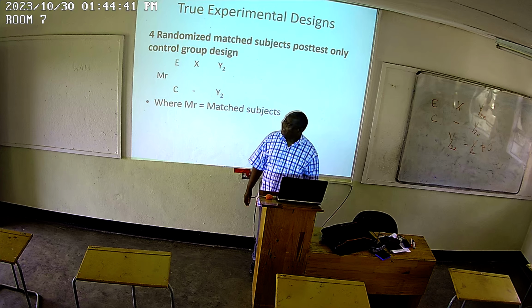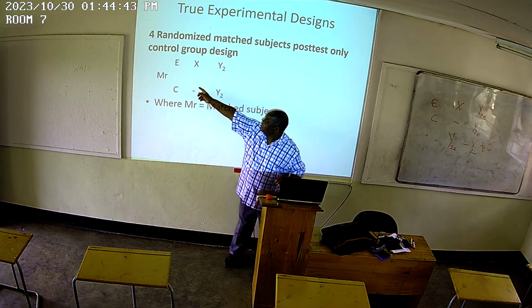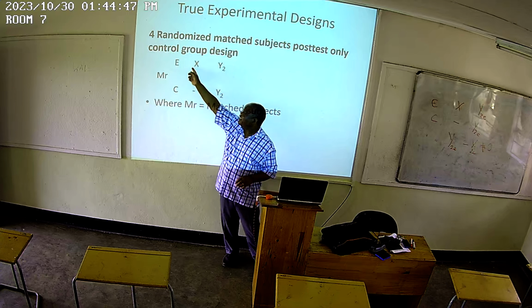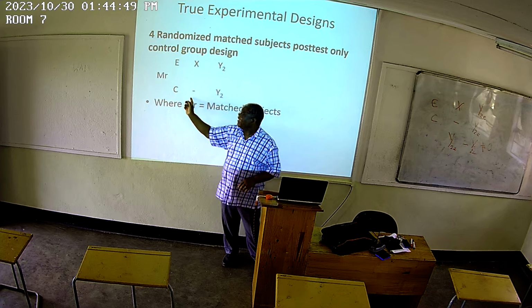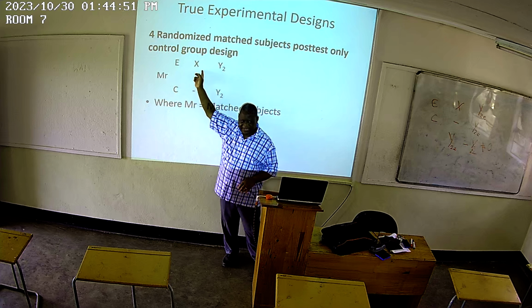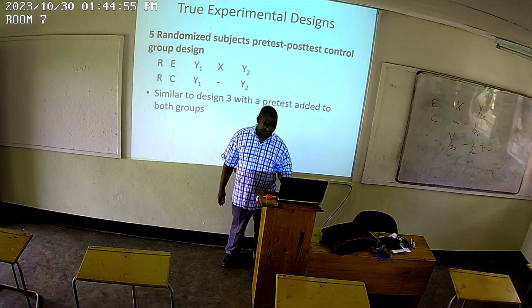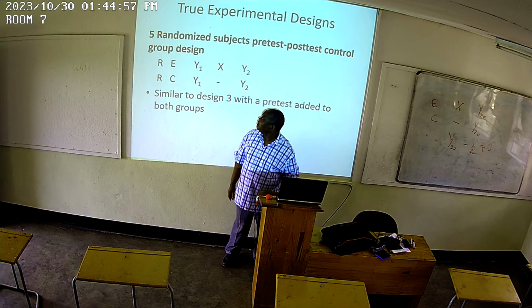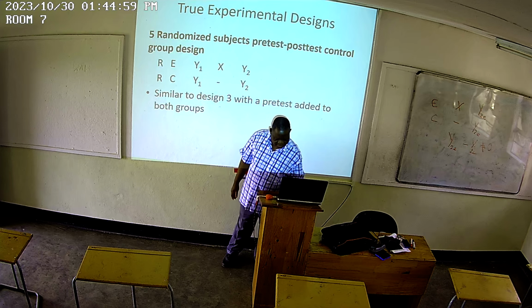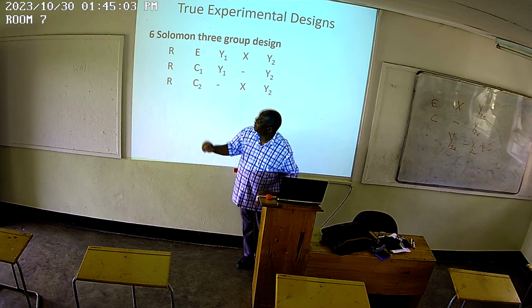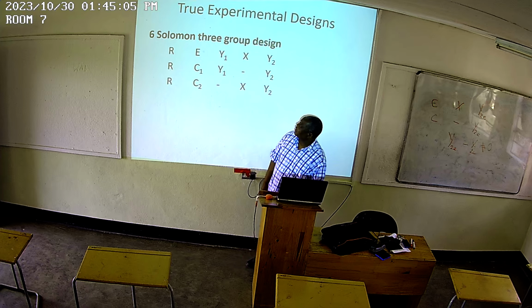But those weaknesses, if there are any other factors occurring as we are implementing the treatment, those can cause problems. Then we can come up with a design like that.